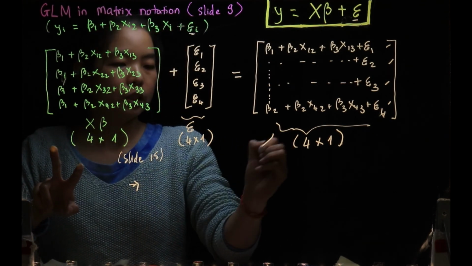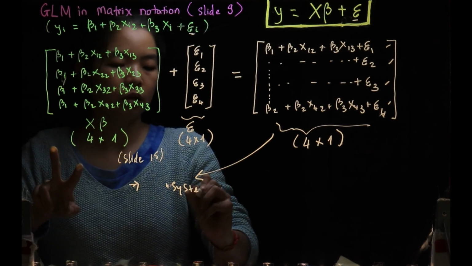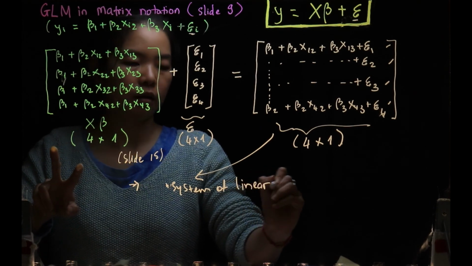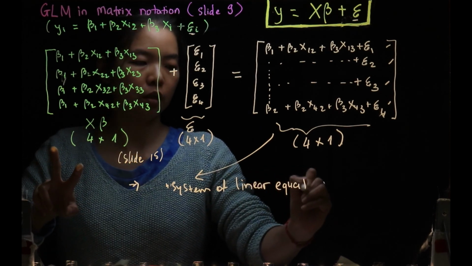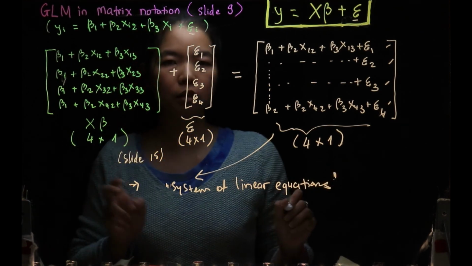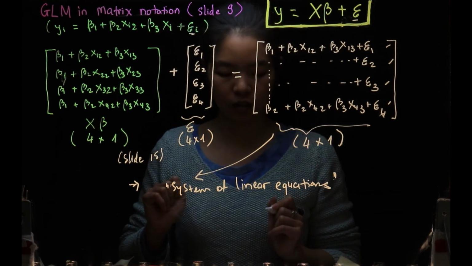And this result we call a system of linear equations. We have 4 equations for 4 observations, so each equation is for 1 observation.